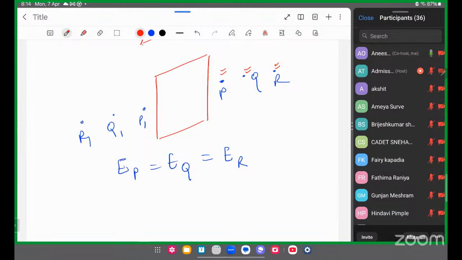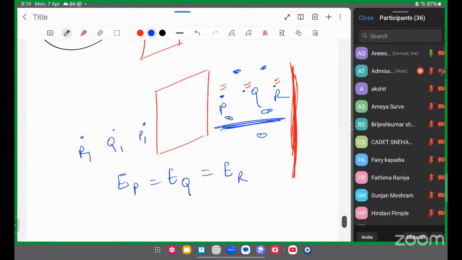Will it be true for all the cases, which means is it true for all the distances? The answer is no. It will be true for a certain limited distance, which means if you are in this range, E will be the same at all points. But if you are going outside of this range, at this point or this point, then the value of E will change.